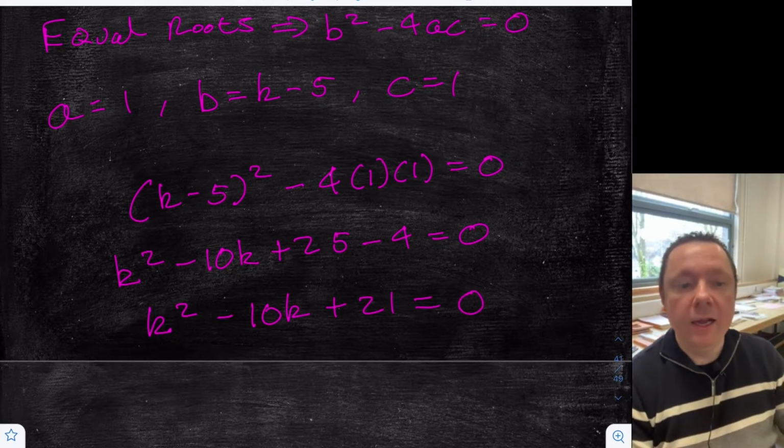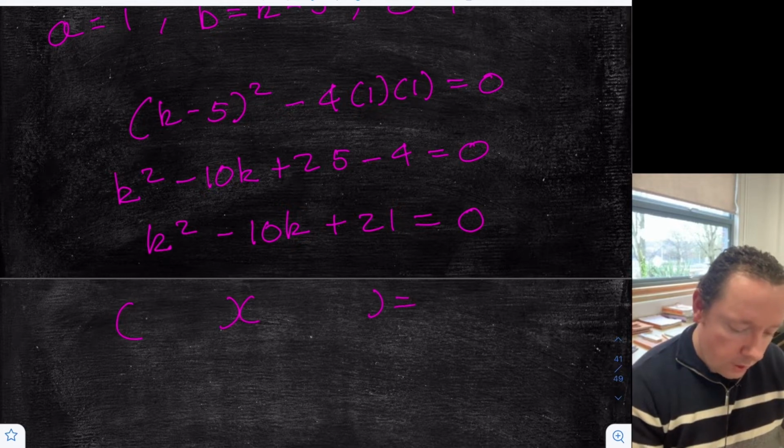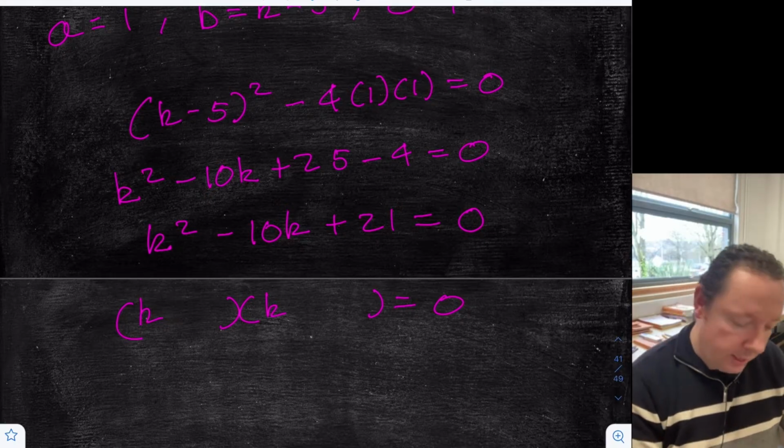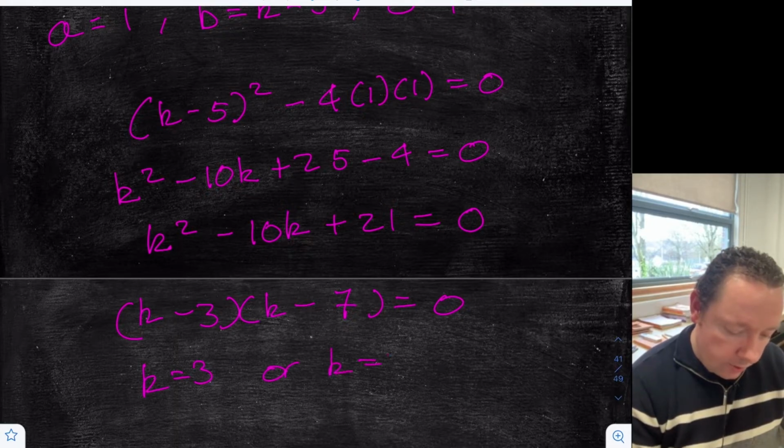And if we're lucky, that will factorise. So we've got k and k. 7 3s is 21 and 7 and 3 make 10, so it's definitely 7 and 3. Minus 7 minus 3 is minus 10. So k equals 3 or k equals 7.